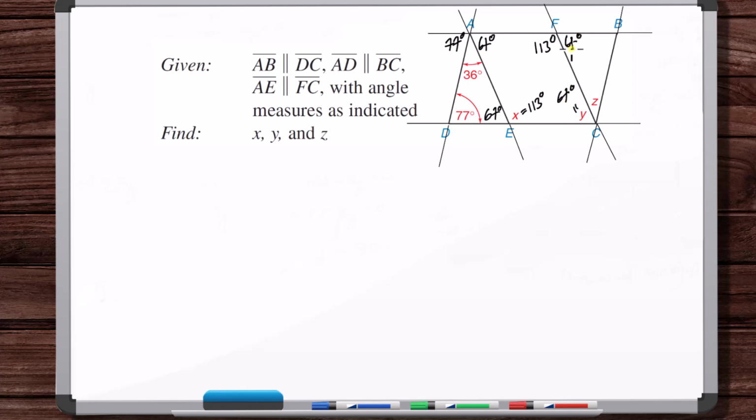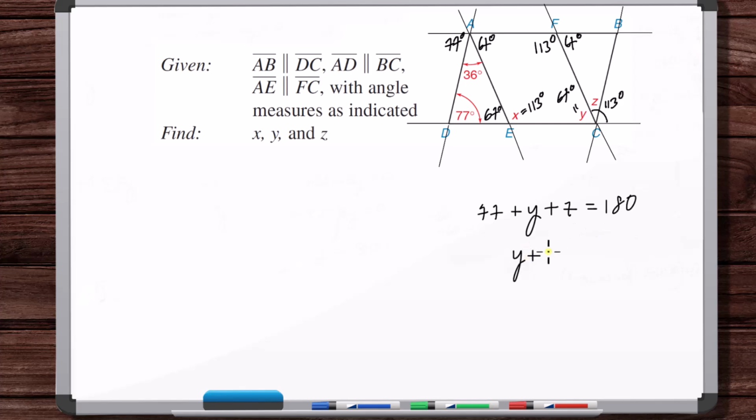We could have also seen that these two are alternate interior angles. And we know that this, based on alternate interior angles, is 113. So does that allow us to get Z? No, not yet. Well, okay, we've got these two lines are parallel, and so interior angles on the same side are going to be supplementary. So that tells us that 77 plus y plus z is equal to 180.